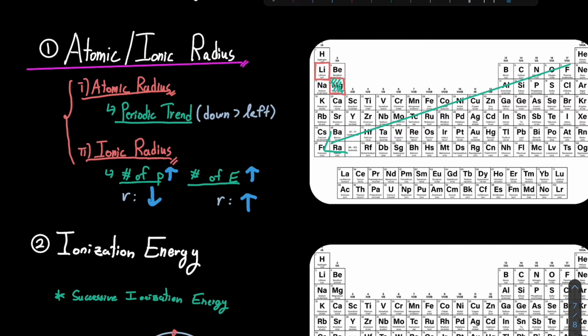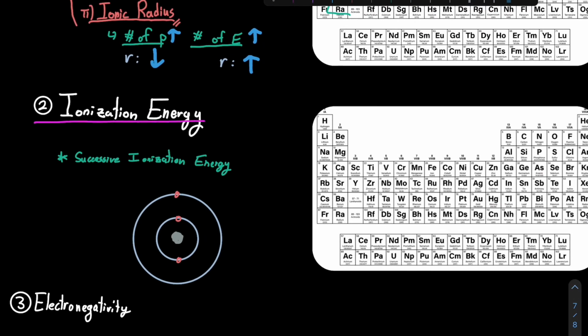Now moving on to ionization energy. Ionization energy can be defined quite simply as the energy that is required to remove an electron from a gaseous atom, so a gas type atom. Not liquid nor solid would work, only gas.